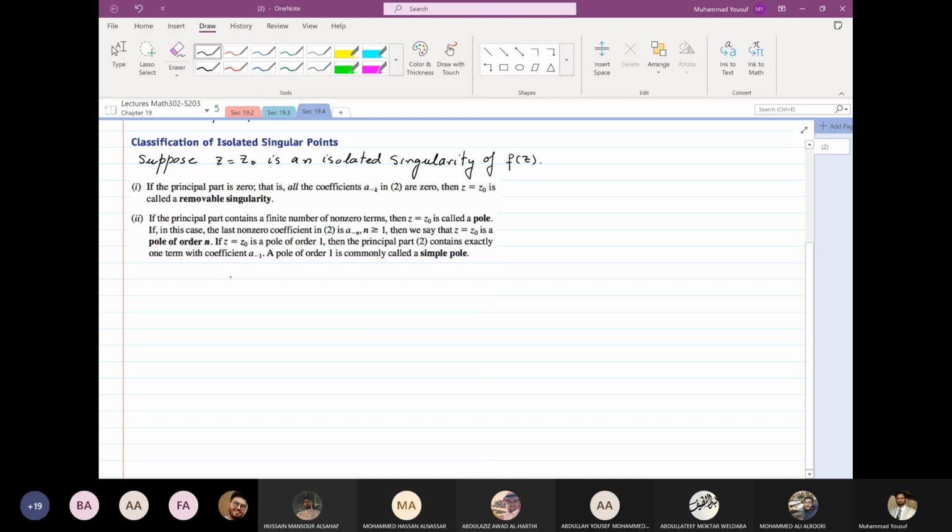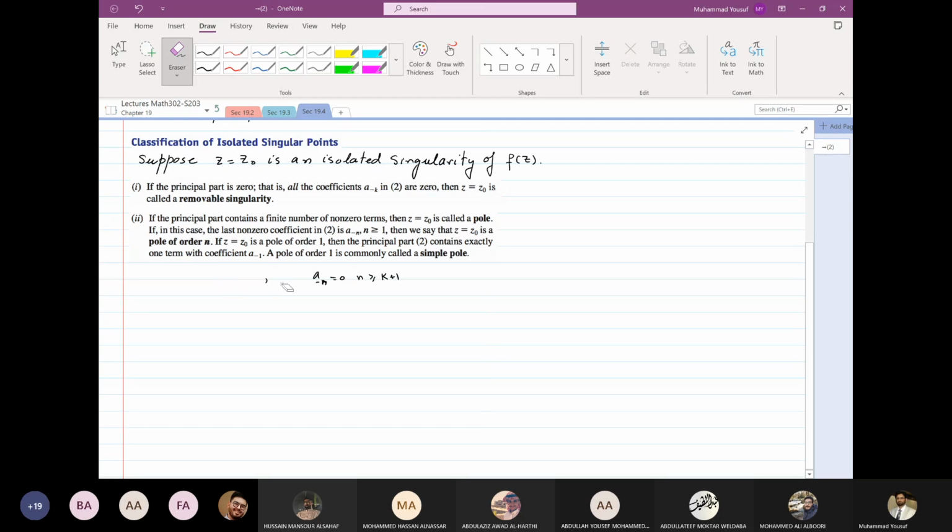We say that a sub negative k is not 0, and a sub negative n, when n is greater or equal to k plus 1, they are 0. So the maximum k for which a sub negative k is not 0, and after that all the coefficients are 0.